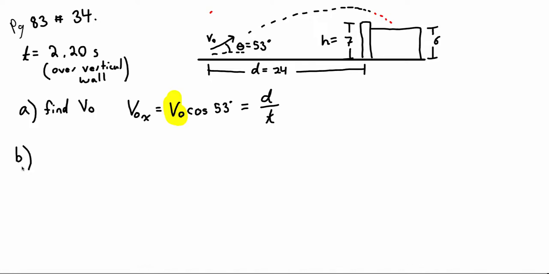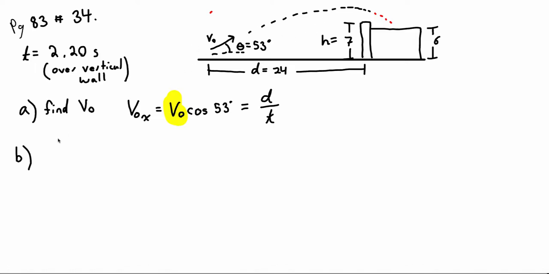Part B, now it's starting to get a little bit trickier. Part B says we want to find by how much it clears the wall. Wait, hold on, let me see what B says. B says find the vertical distance by which the ball clears the wall.